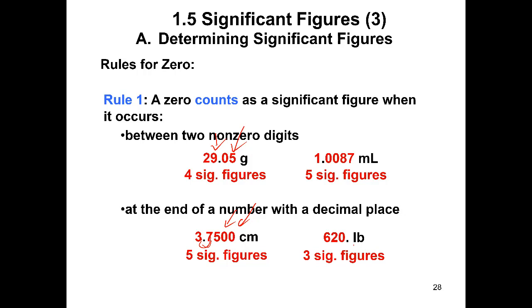Also, even if I don't have anything past that, if I write that decimal place right there, that means that zero is significant. So 620 decimal would have 3 significant figures. If I didn't write that decimal there, it would only have 2 significant figures.